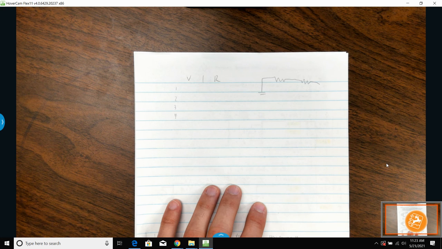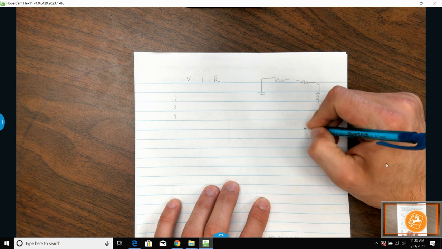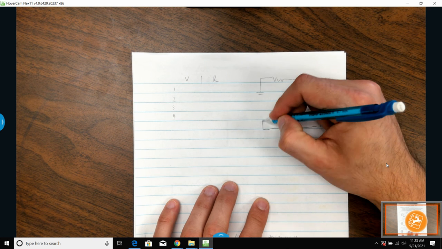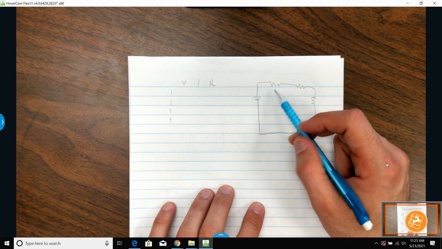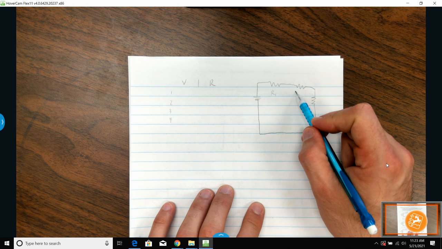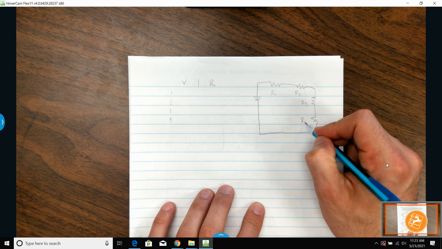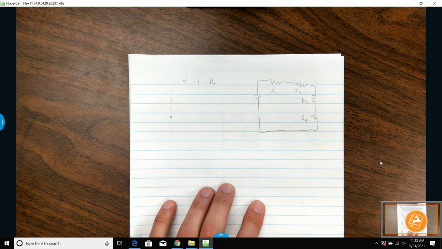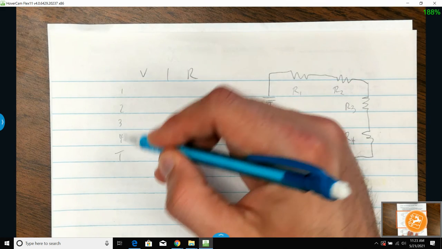Okay, so this is essentially your circuit. So you're going to just say that this is R1, this would be R2, R3, and R4. So if you made yourself a table, you'd have 1, 2, 3, 4 total.